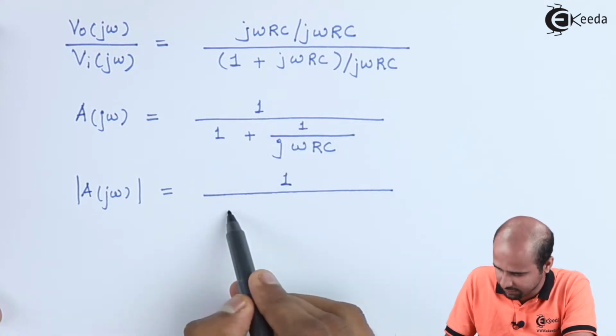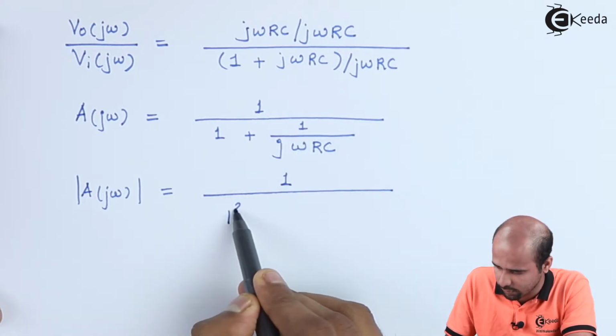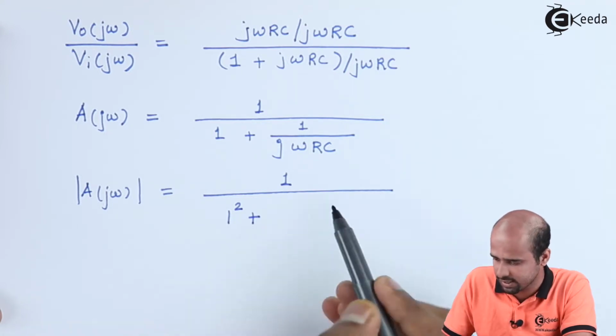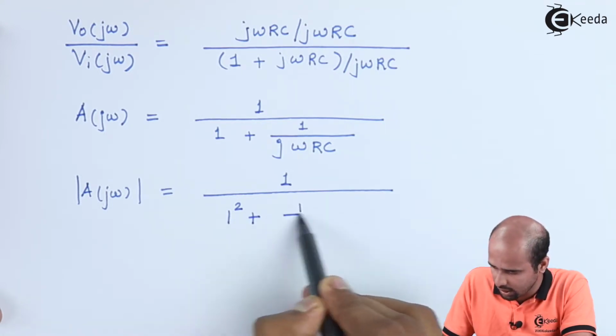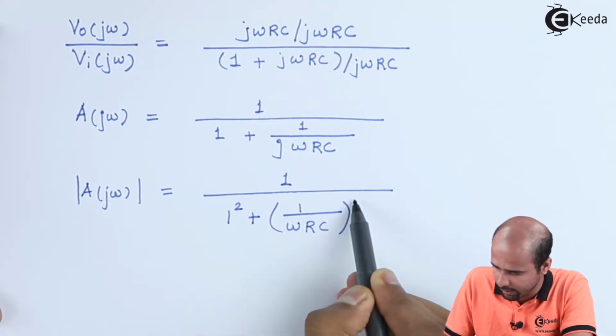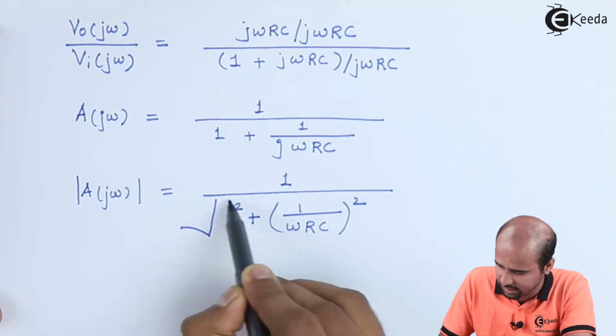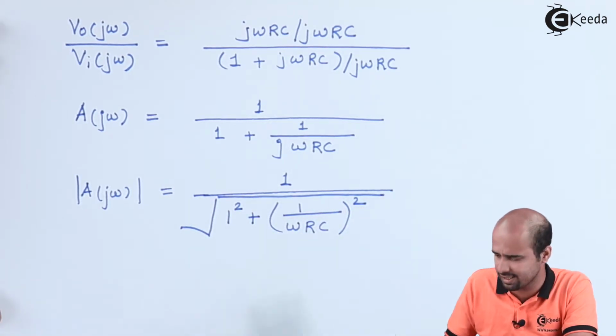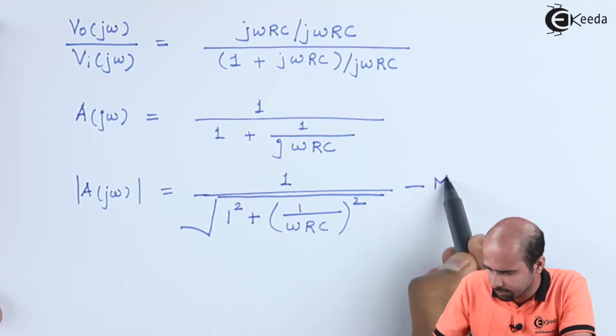Then we can say 1 square plus 1 upon omega RC the whole square, and it's all in square root. This is nothing but your magnitude part.